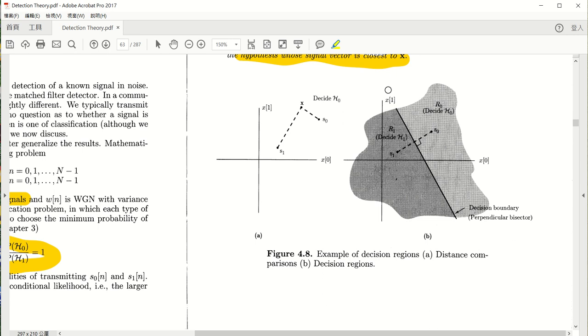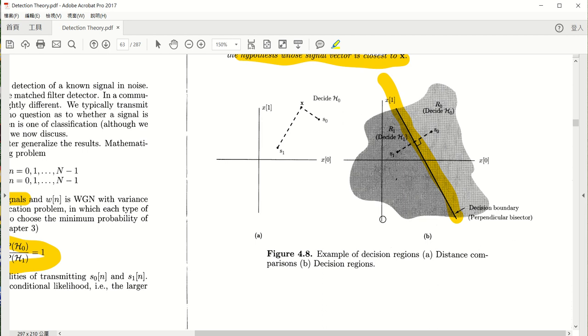It will cut in the middle of the two signals. Whenever your observation appears in this region, you always say H0.